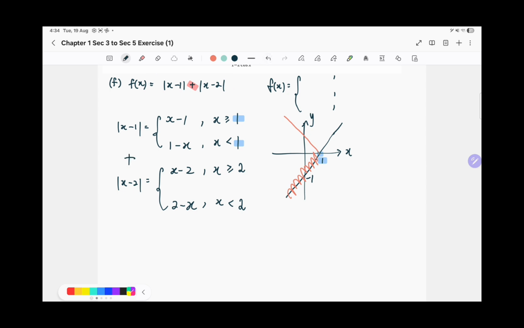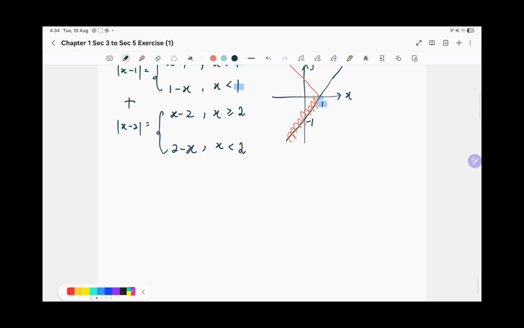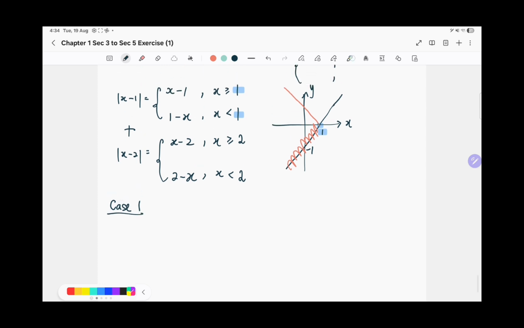To plus the two piecewise functions together, we have different cases because it's possible to have this plus this, or you can have this plus that as well, right? So we have to consider all the cases. So we start with case number 1. Case number 1, this plus this.